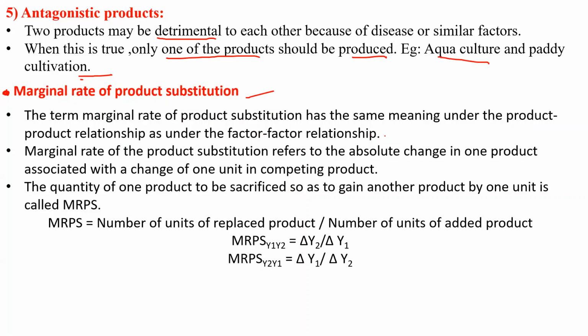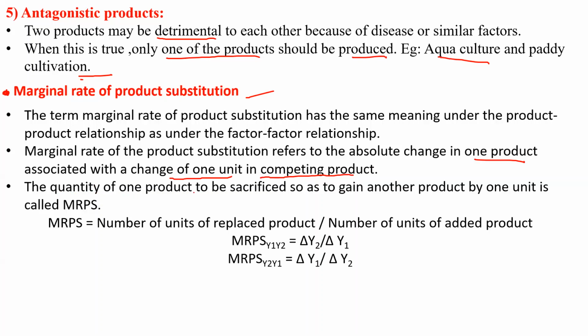Factor-factor relationship में हमने marginal rate of टेक्निकल सब्स्टिट्यूशन देखा था. सेम कंसेप्ट यहाँ अगर हम प्रोडक्ट प्रोडक्ट रिलेशनशिप में अप्लाई करते हैं तो यहाँ पे वो मार्जिनल रेट ऑफ प्रोडक्ट सब्स्टिट्यूशन होता है. Marginal rate of product substitution refers to absolute change in one product associated with the change in one unit in competitive product. जो अदर प्रोडक्ट का चेंज होता है जिसे हम मार्जिनल रेट ऑफ प्रोडक्ट सब्स्टिट्यूशन कहते हैं.